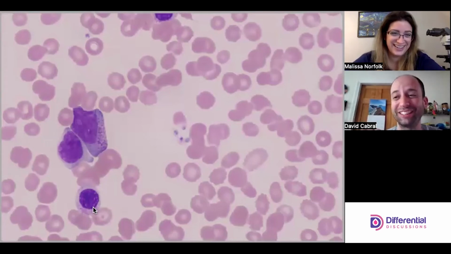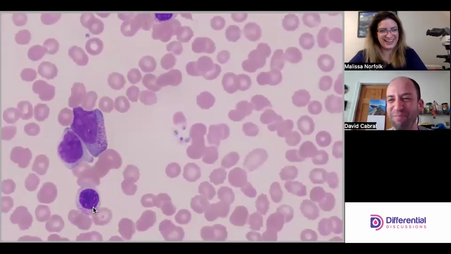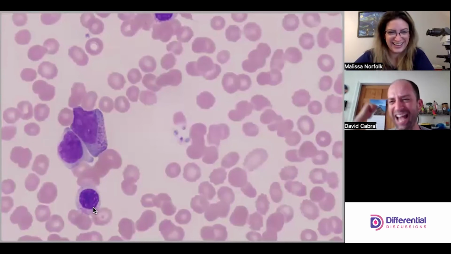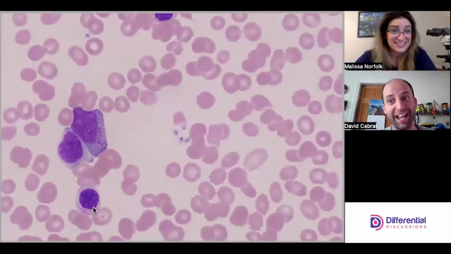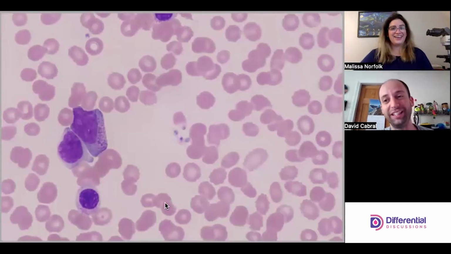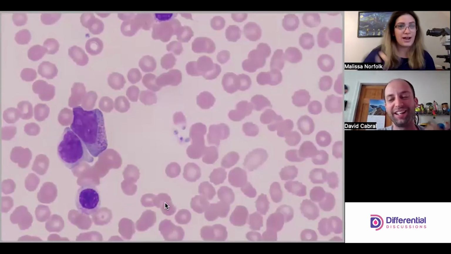Dude, screw this cell. The fact that the nucleus is just in the middle like that, get out of here. If not for the cytoplasm being a giveaway, this kind of looks like a nucleated red cell. Yes, it totally has NRBC features, because of how round the nucleus is.